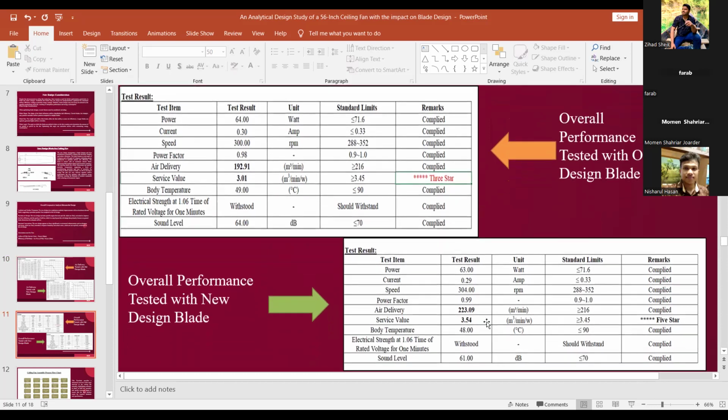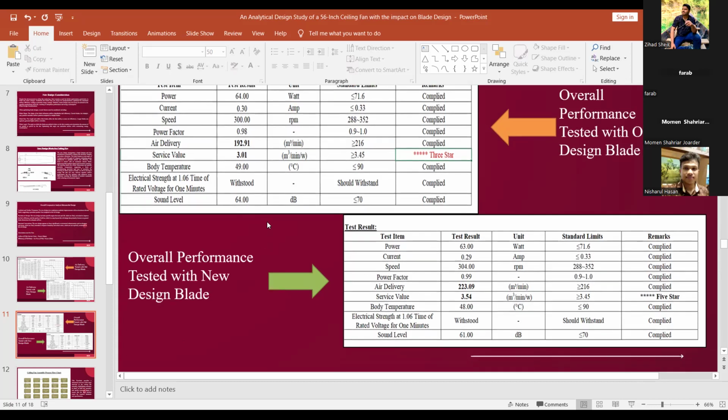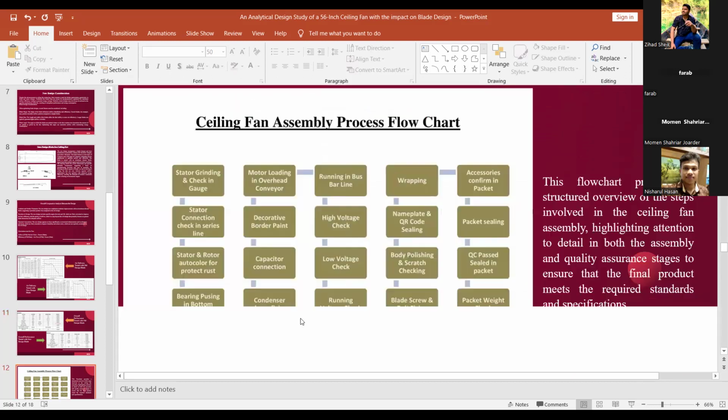But with the new blade design, the service value we get is 3.54, which is according to the 5-star rating. The service value calculation we already discussed in previous slides. Also, if you see the sound level, the previous one is 64 decibels, but here it is only 61 decibels, which is far better than previous designs.